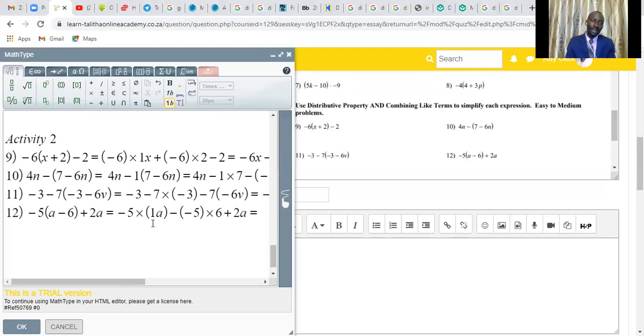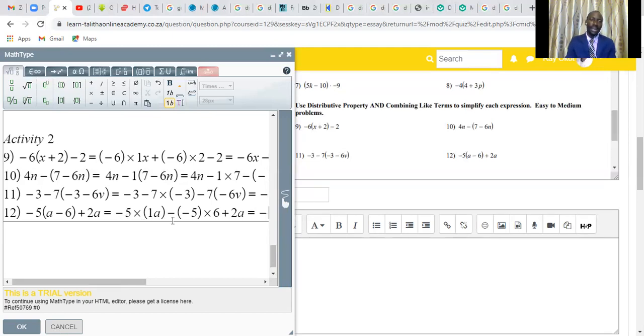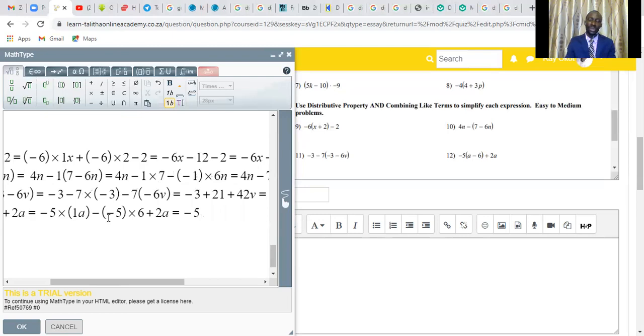Well, notice that 5 times 1 is a 5, but it is a minus because of this one here. Then now when we multiply these two, we get a plus. That is when we multiply minus times minus, we get a plus. Now notice that 5 times 6 is a 30. Yes, for this. Then now we have what? A 2a.